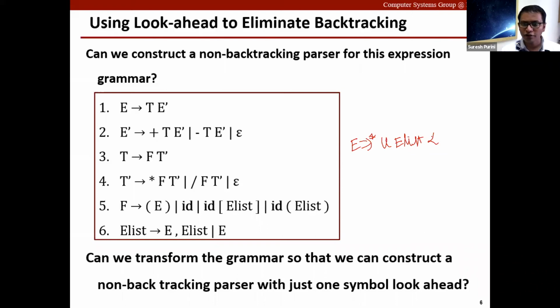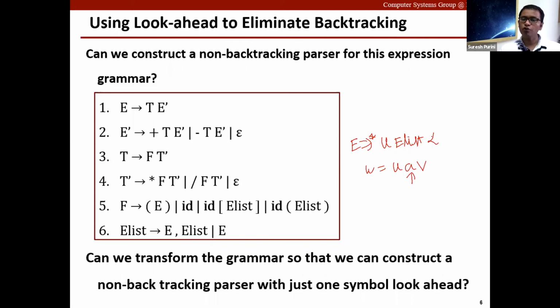So if you see the input W, U, and then U, A, V, this is the current input symbol. By looking at the current input symbol, we will not know whether the expression list in the input stream is a single expression, or two expressions, or three expressions, and so on and so forth.